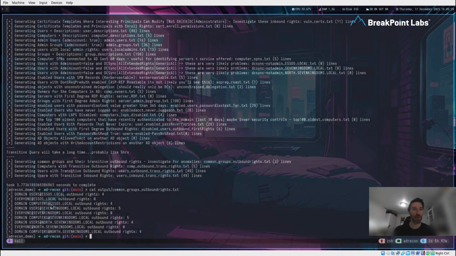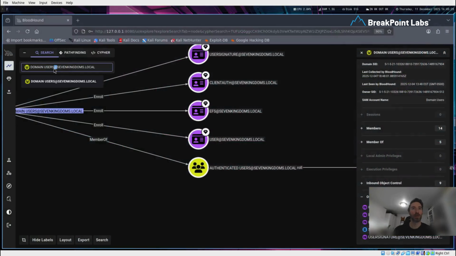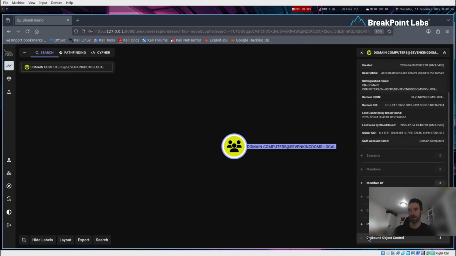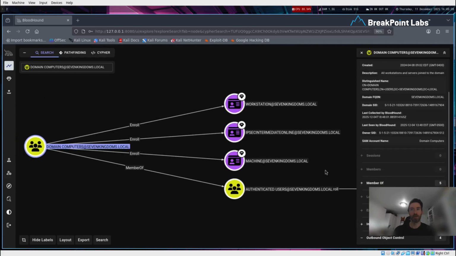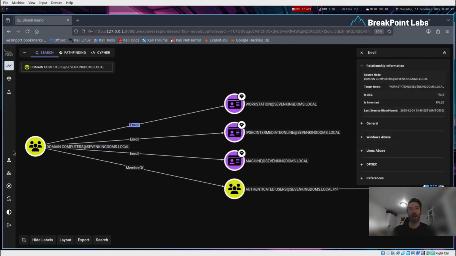Let's see if we have any other interesting ones. Domain computers. Let's look at domain computers. And then once again, we have enrollment rights. As we know, we can go ahead and click on our edge right here and see some more information right here.